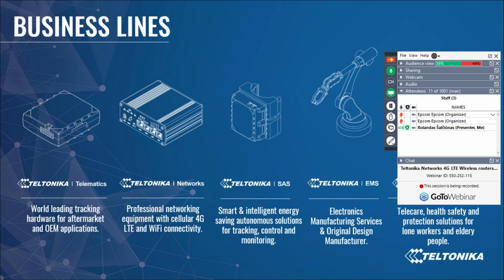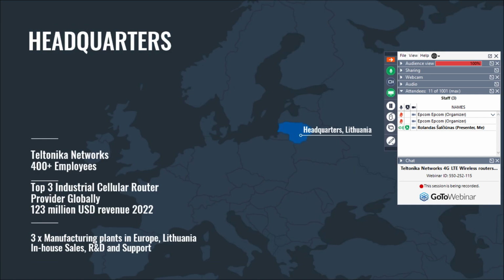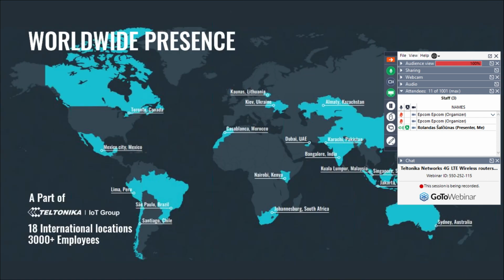So Teltonika Networks. I'm representing the networks company from Teltonika portfolio. And as I mentioned earlier, it's more focused on 4G part of our products, wireless and 4G products. However, Teltonika is like a much bigger company. We do not only 4G products, we also do switches, but we also do GPS tracking devices.